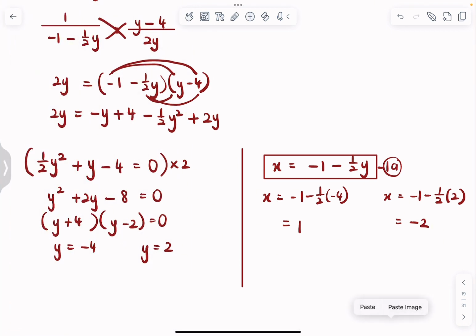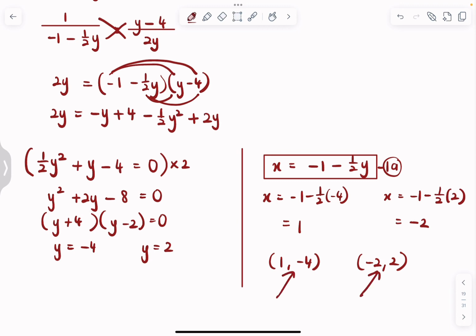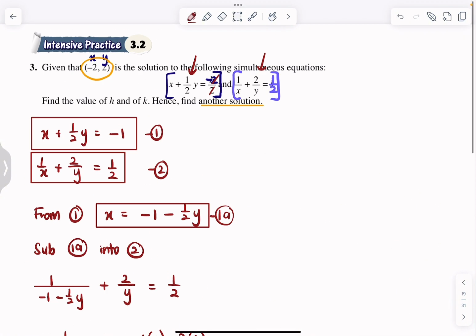So from here we can see when x is 1, y is negative 4. So we can write (1, negative 4). And when x is negative 2, y is 2. So the other one is (negative 2, 2). So we actually will get two solutions, but one of the solutions is already given in the question. They already said this is the solution.